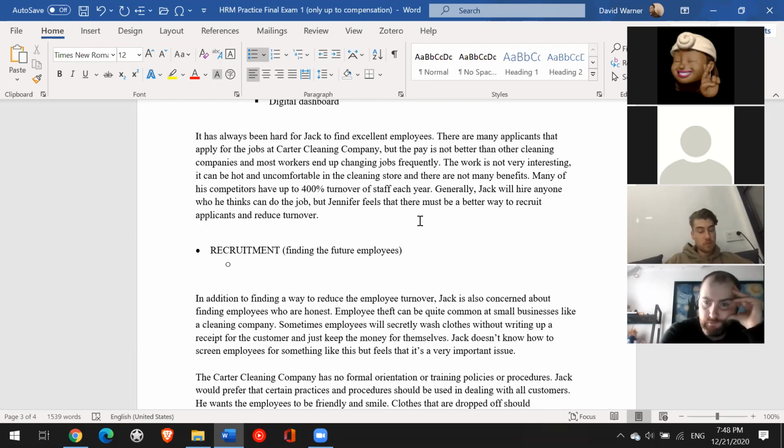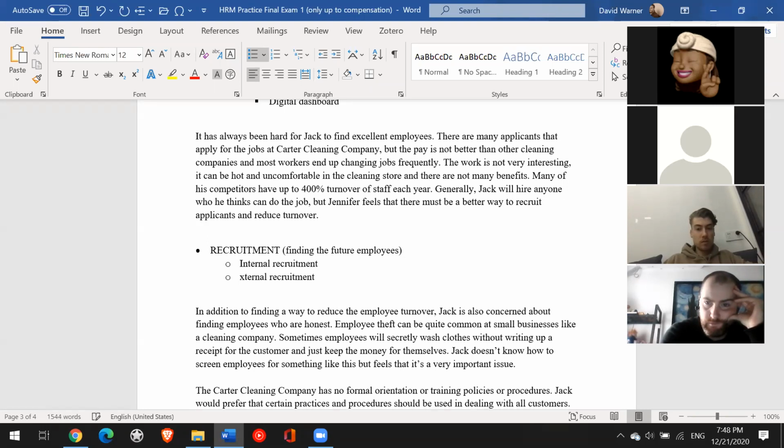Oh, internal versus external hiring. Okay, sure. So like internal and external recruitment. Now I would say actually that is part of what I called the 9-step recruitment plan.